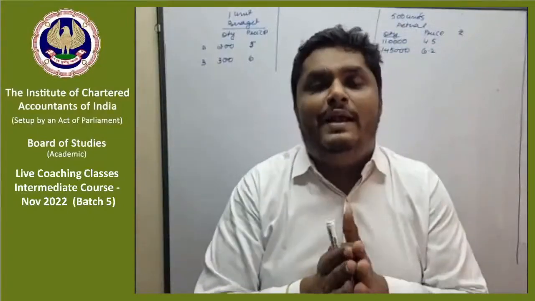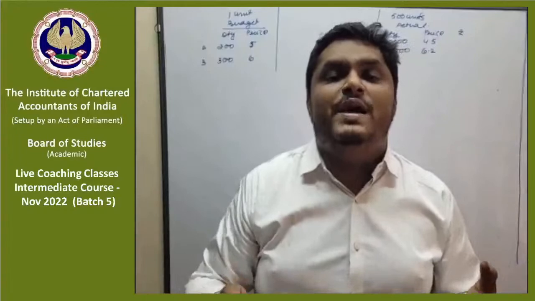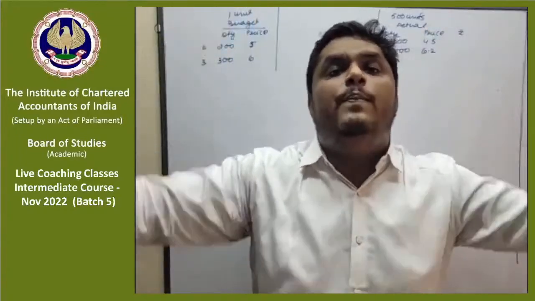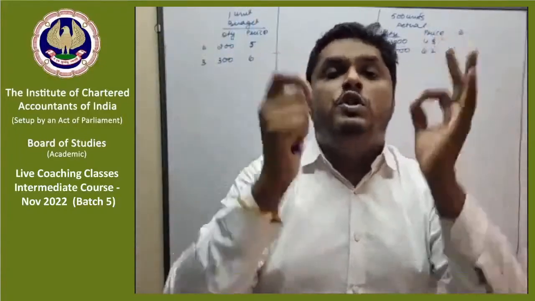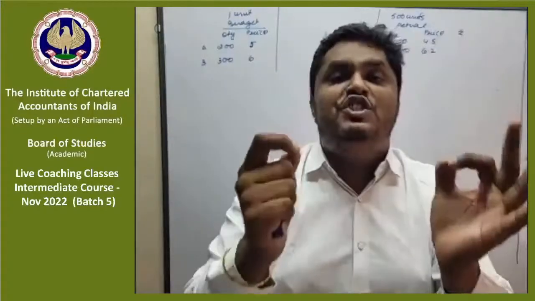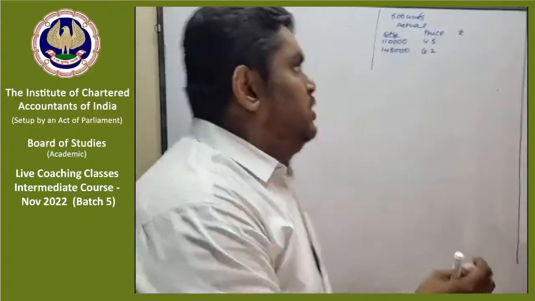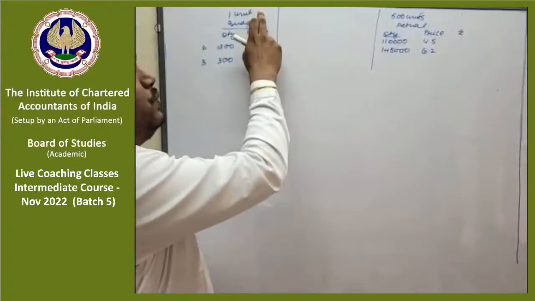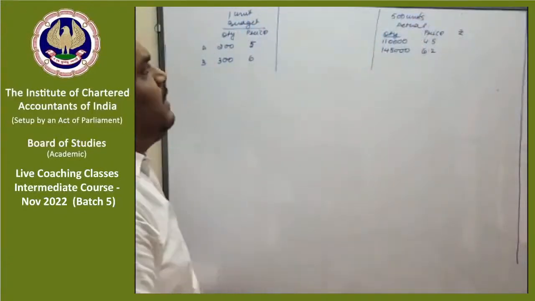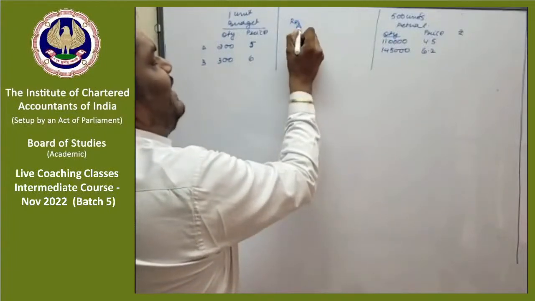It's not like that. There may be instances wherein it can be thousands of input to manufacture one output. So you guys have to be very careful. Just check what is the budgeted output and what is the actual output. So here the budgeted output is 1 unit and the actual output is 500 units. So very simple, guys.